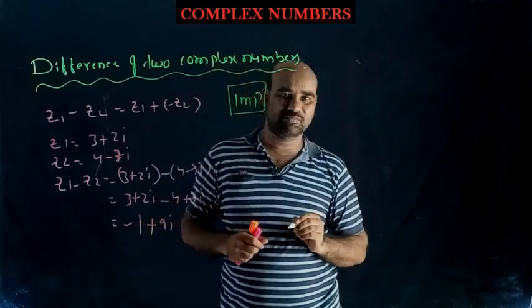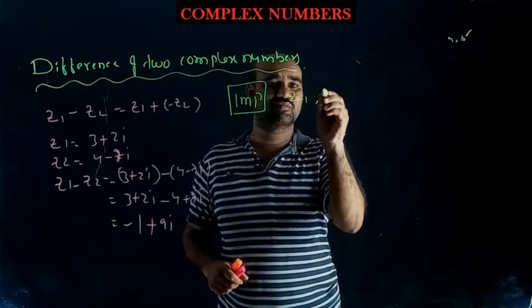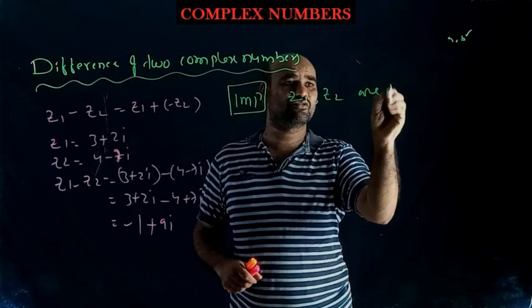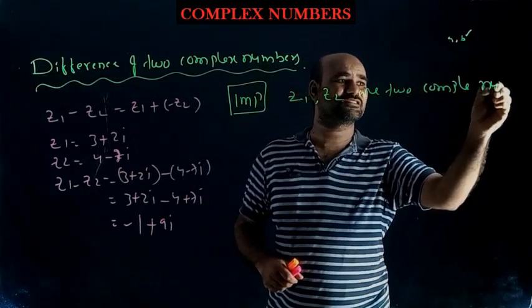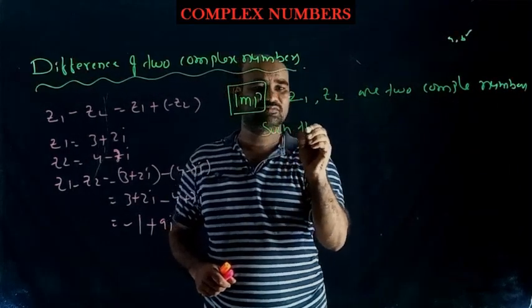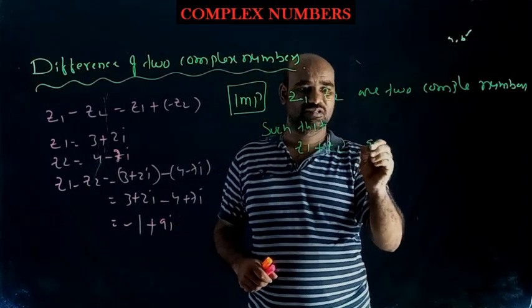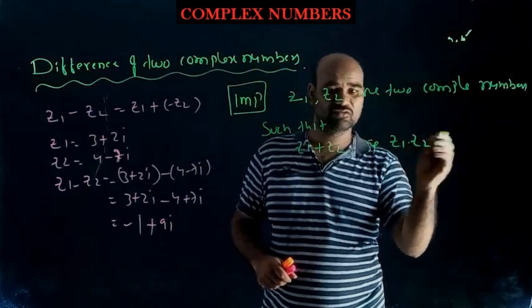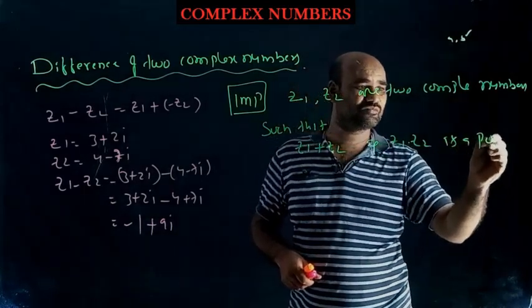Conjugate of a complex number. Definition: Z1, Z2 are two complex numbers such that Z1 plus Z2 and Z1 into Z2, means summation and product, are pure real.